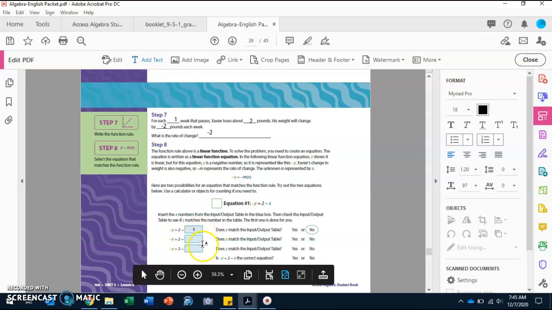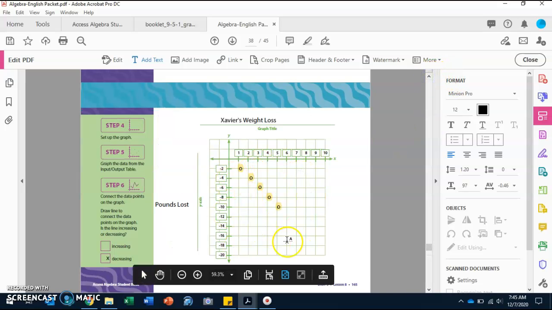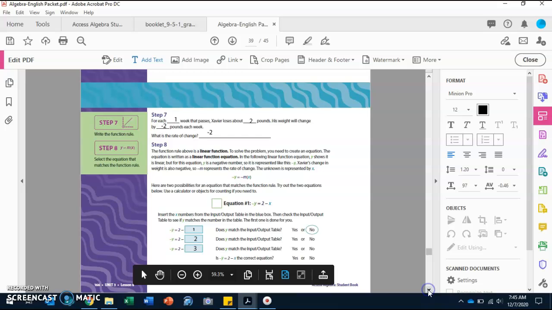So here's 1, this is 2, and 3. And then we're going to use this equation to figure out if this gives us what we plotted up here. So get out your calculators so we can see if this is the equation for the data.